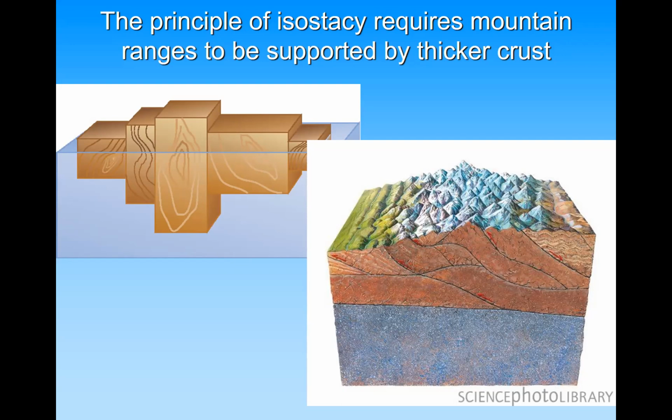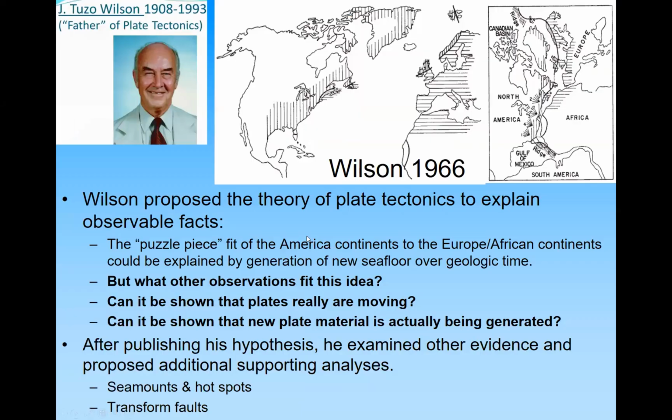If we move ahead in time to a scientist named Tuzo Wilson. Starting in the 1960s, Wilson looked at the same things that Wegener had looked at, and came to a similar conclusion, namely that the continents were moving about.